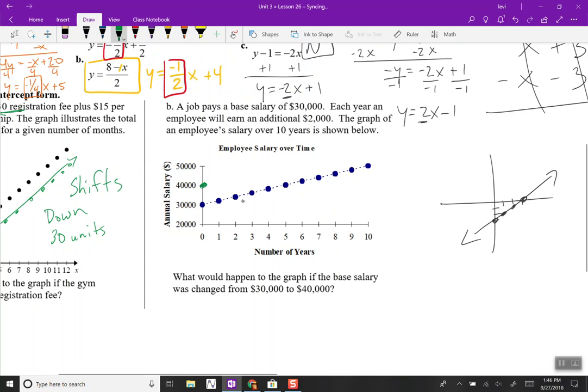Still going to get 2,000 more, so this would be 42, 44, 46, 48, 50, and at each one of these points, we're just moving up 10,000, right? So we would say that this shifts up 10,000. All right, excellent.